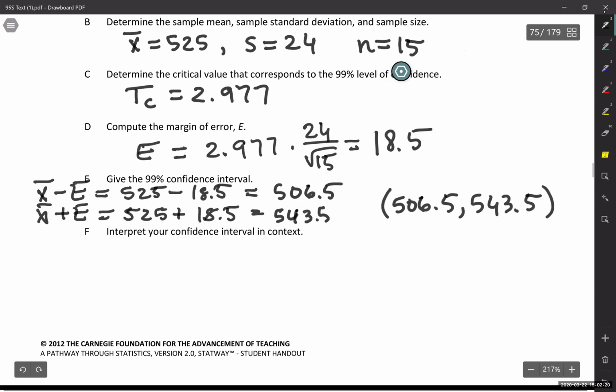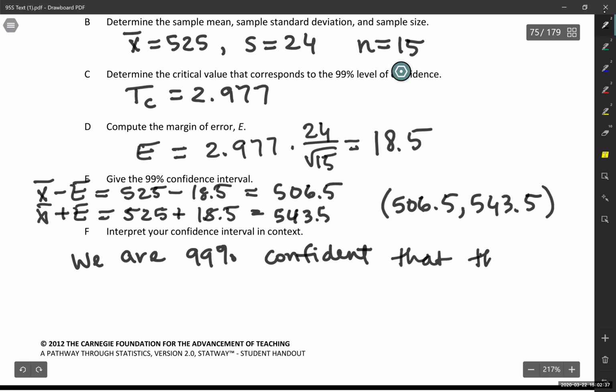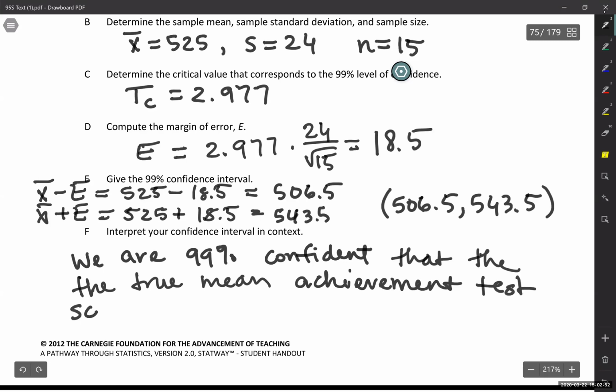Finally, to interpret it, we are 99% confident that the true mean achievement test score is between 506.5 and 543.5.